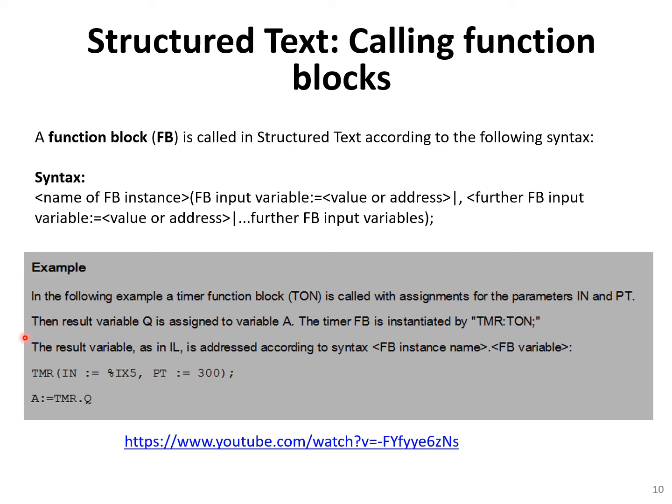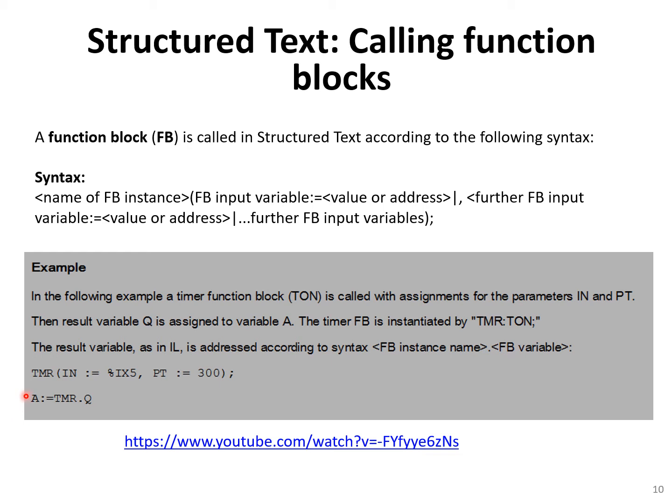Then the result variable Q is assigned to variable A. The timer FB is instantiated by TMR: TON. So TMR is one instance of TON, or on-delay timer. The result variable, as in IL, is addressed according to the syntax FB instance name dot FB variable.